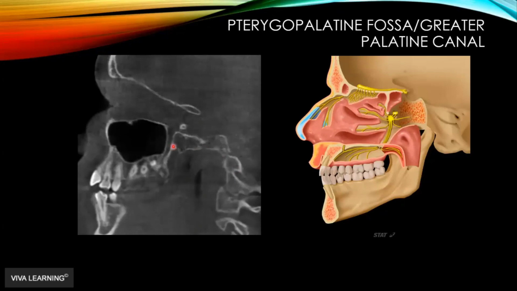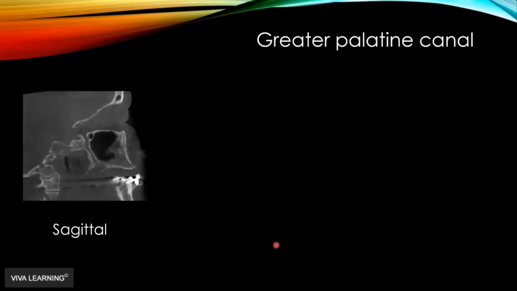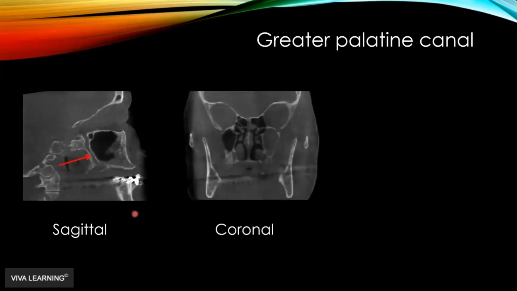So coming down then would be the greater palatine canal here coming down from the fossa, which transmits that greater and lesser palatine nerve right here going to the hard palate and to the soft palate posteriorly. Here again is the greater palatine canal, and that's in the sagittal view. And here it is in the coronal view.